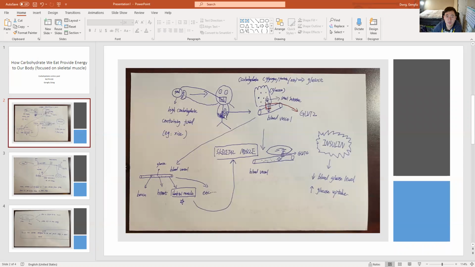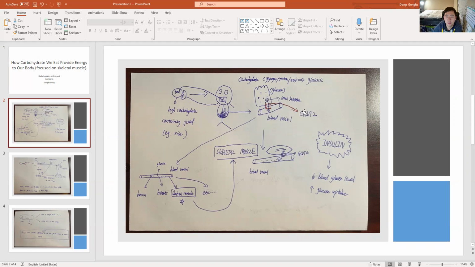How does that happen? First, after you eat carbohydrate, your body will break down the carbohydrate, such as glycogen, fructose, something like that, into glucose, and then glucose will finally be transported into your small intestine right here, and then the glucose in your small intestine will go into the blood vessel.